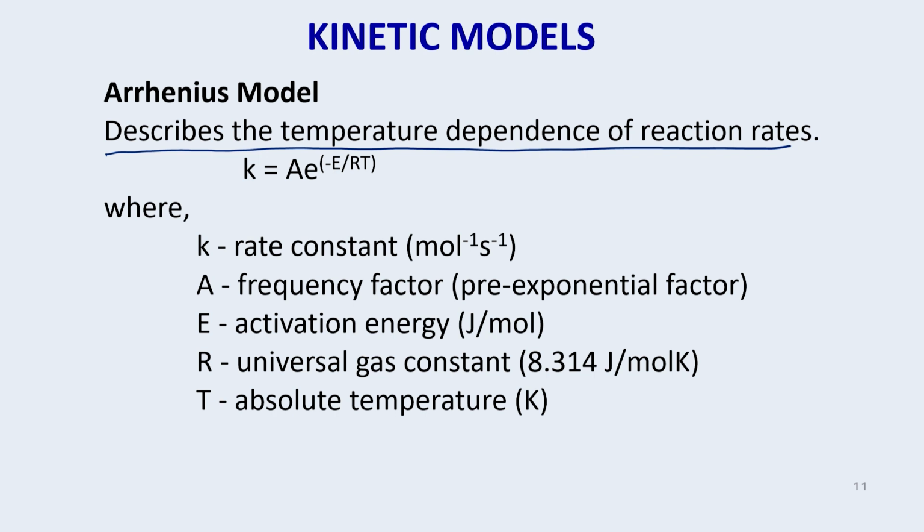A is the frequency factor, also called the pre-exponential factor. Capital E is the activation energy expressed in joules per mole, R is the universal gas constant, 8.314 joule per mole Kelvin, and T is the absolute temperature in Kelvin. So this is the Arrhenius model, k equal to A into e power. This is the equation.